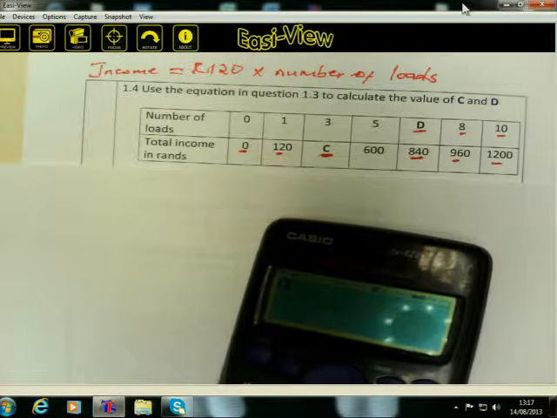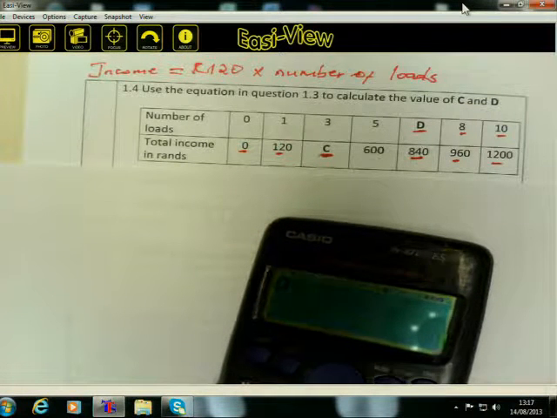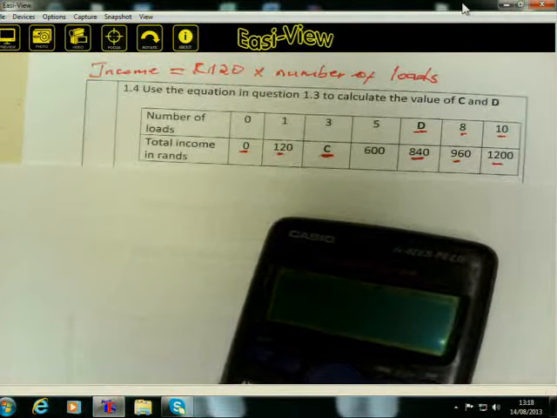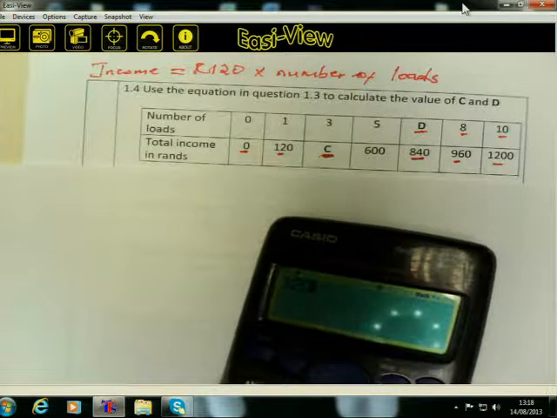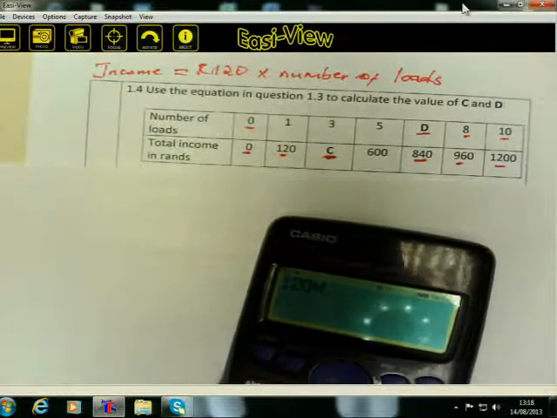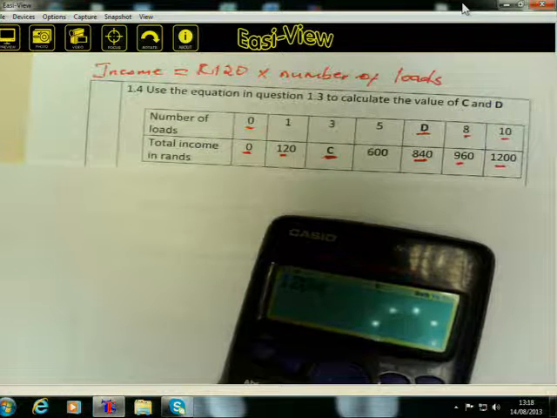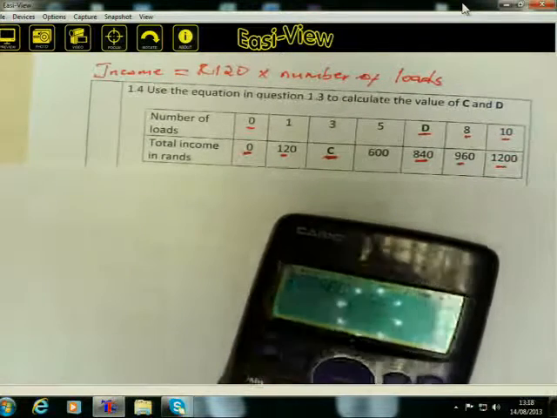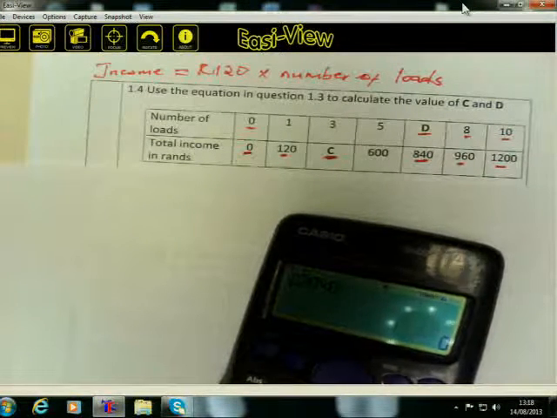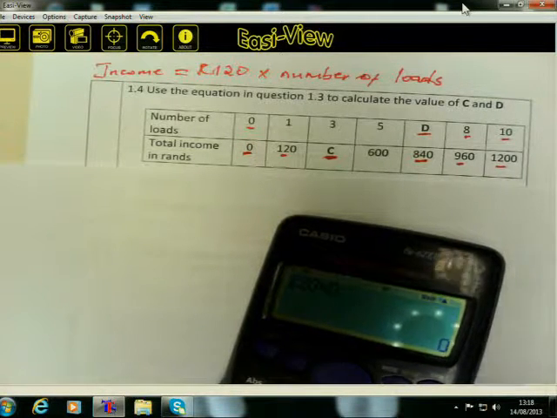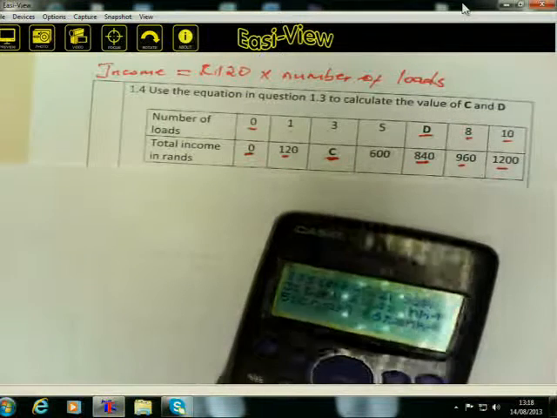Remember we said income is equal to 120 multiplied by, in this case they said 0 loads. So we multiply 120 by 0. And the answer is 0 as in the table. That means we have the correct answer using our formula. But before we go on, let's also test again using 1 as number of loads.